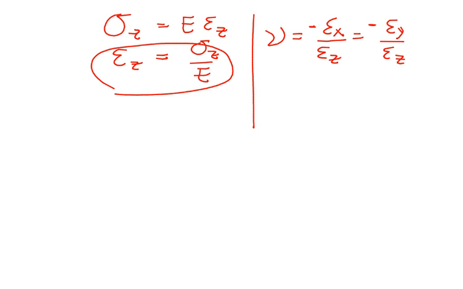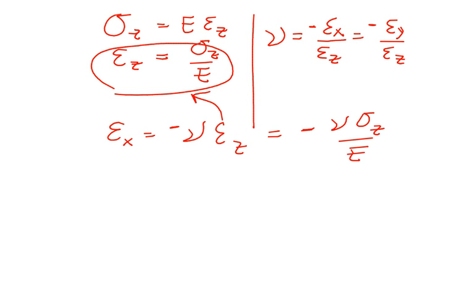Now solving for epsilon sub x, it's negative nu epsilon z, and epsilon z is what's up above here, right? So that's going to be a negative nu sigma z over E, and finally epsilon y is equal to negative nu sigma z over E as well.